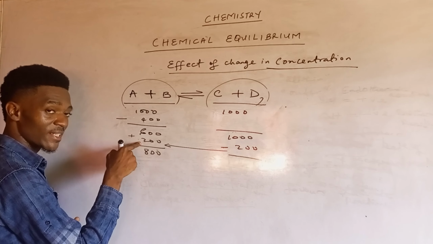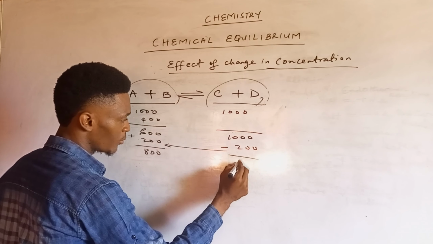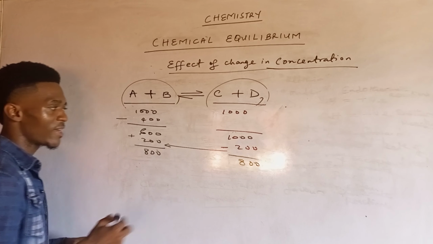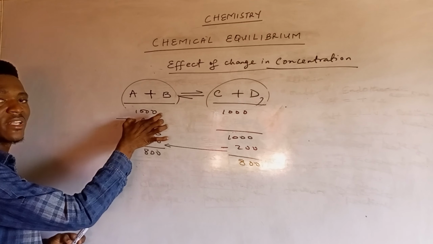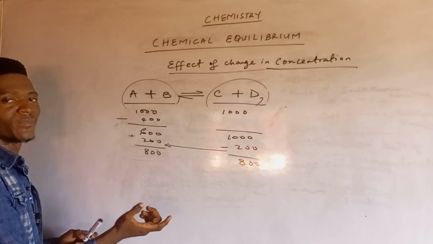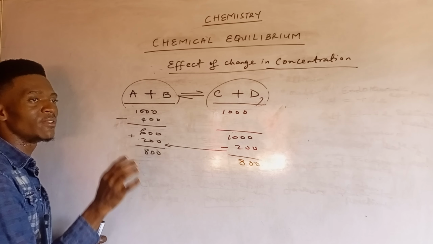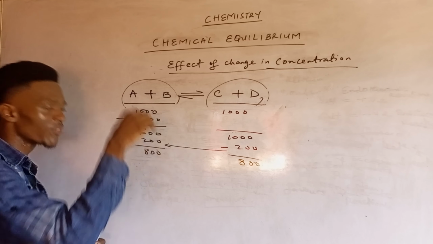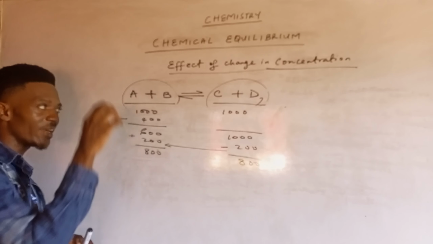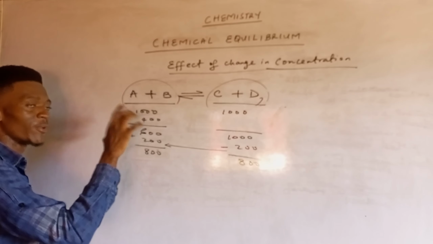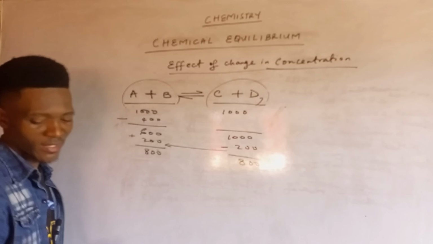This one benefited, now it has gained, while this one has lost, so we are still left with 800. So you observe, when I discarded 400 units, this part was still favored. You understand the point? So a reduction in the concentration of a part favors that same part, while an increase in the concentration of a part favors the opposite part.